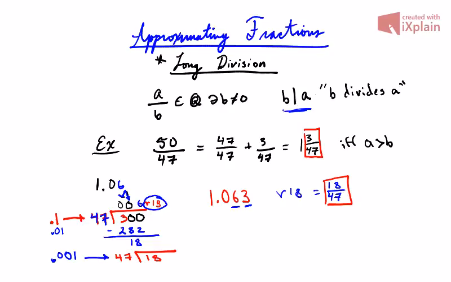Well, it doesn't. 47 doesn't go into 18. So I have to put a 0 right here. I borrow from it, and this becomes 180. Now 47 does go into 180, right? So if you do 180 divided by 47, you'll find that it goes in 3 times. So 47 goes in 3 times.